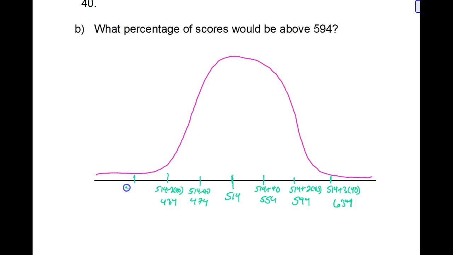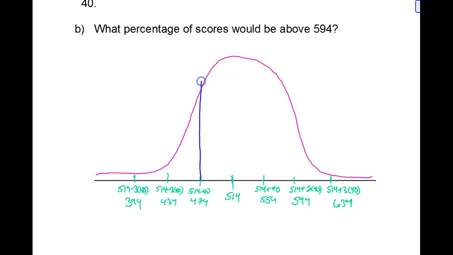And then here is 514 plus 3 times 40, or add 120 to that, or I'm sorry, subtract 120. That should be a minus sign in there, so let's change that to 514 minus 3 times 40, and I get 394.